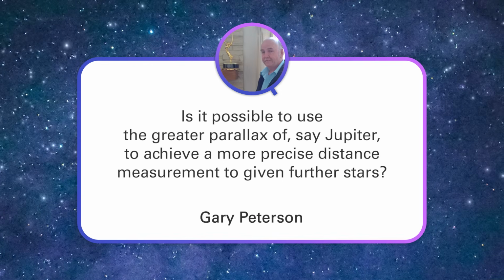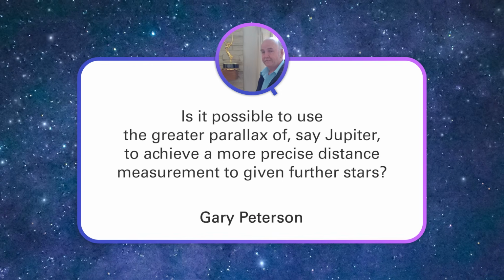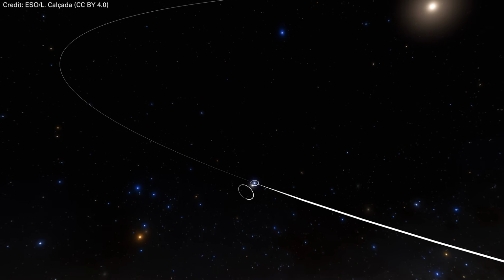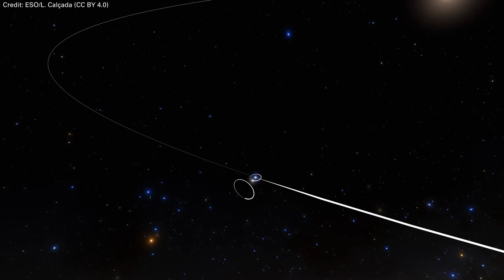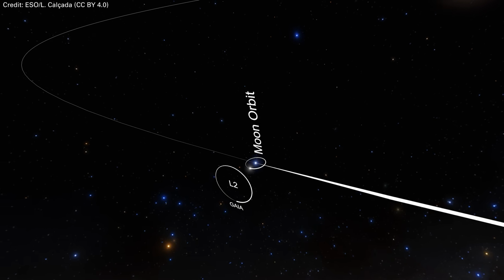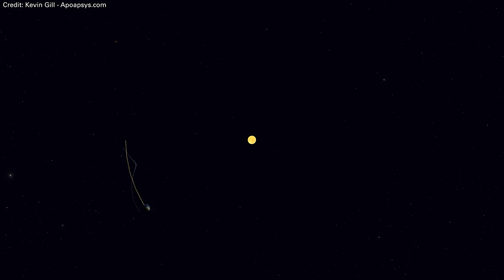Gary Peterson asks: is it possible to use the greater parallax of, say, Jupiter to achieve a more precise distance measurement to further stars? I get this question quite a lot. Gaia is really amazing, and it is at the Earth-Sun L2 Lagrange point, about 1.5 million kilometers from Earth, roughly Earth orbit.